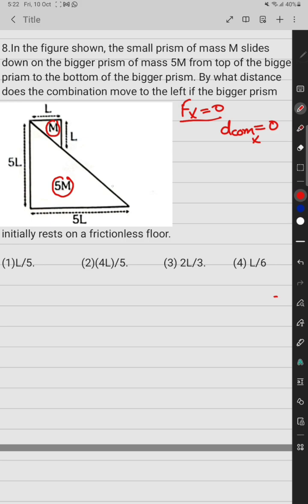But when this block displaces from top to bottom, the displacement of the block with respect to the wedge is not 5L, it is 4L in this direction.